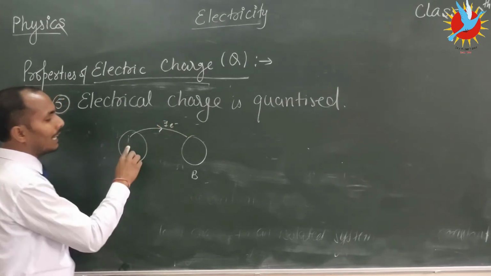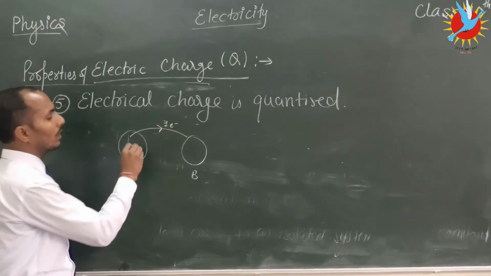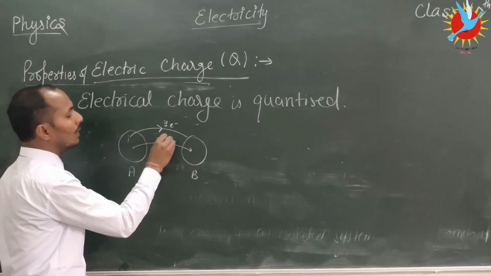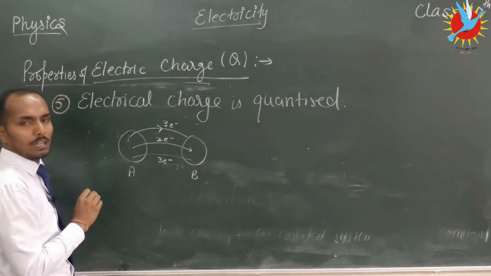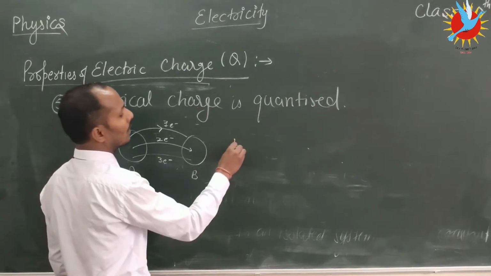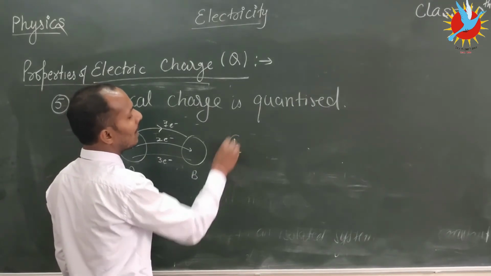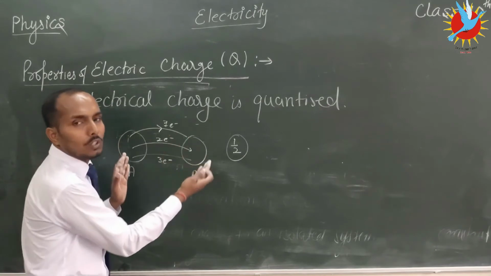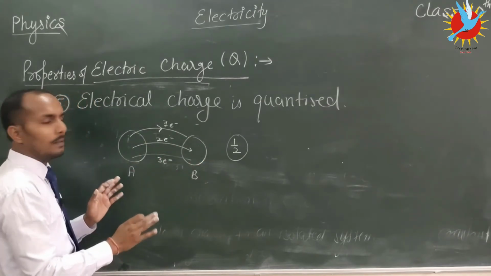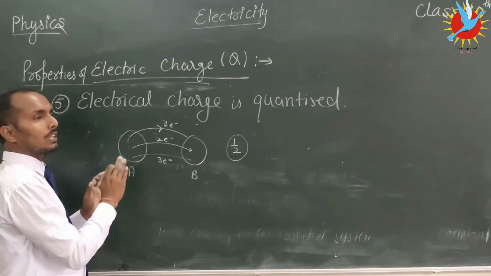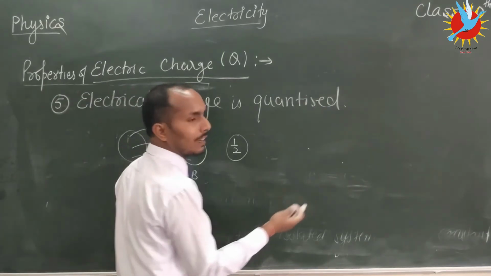It may be possible that one electron is transferred, two electrons, or three electrons are transferred, but it is not possible in fraction form. It means half an electron is not transferred from one body to another body. It is not possible. Electrons always transfer in integral multiples.